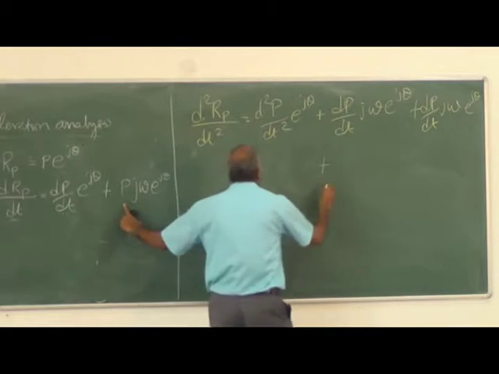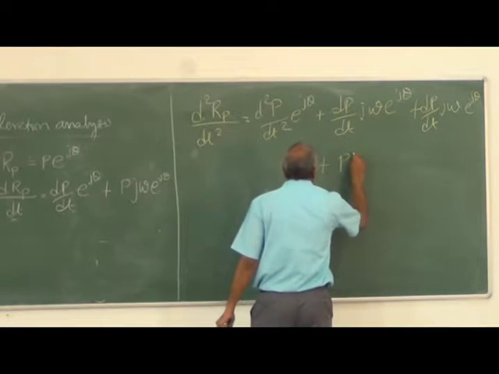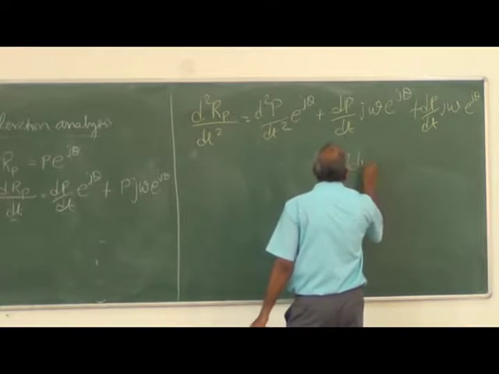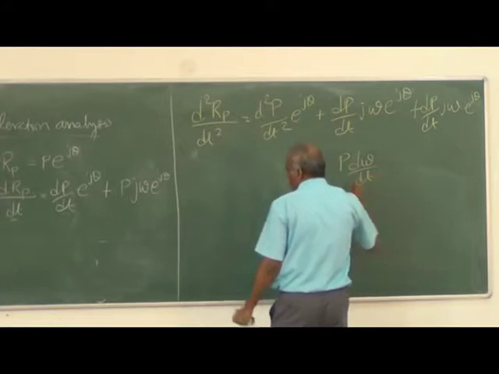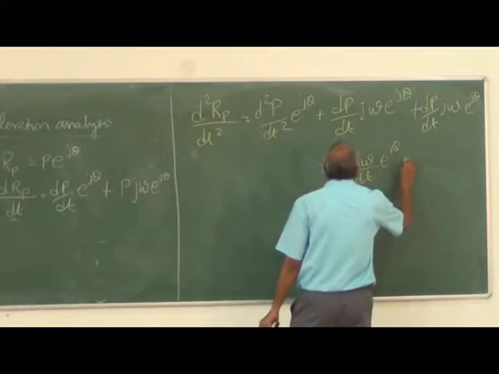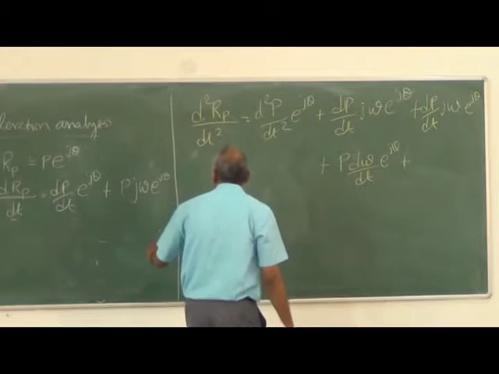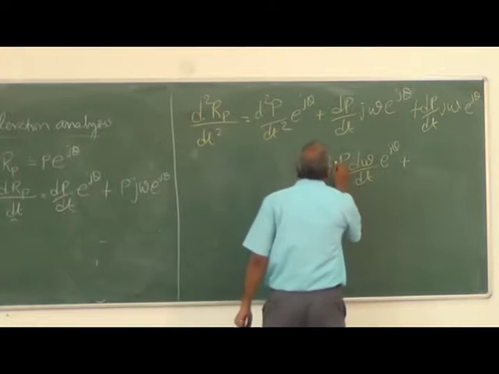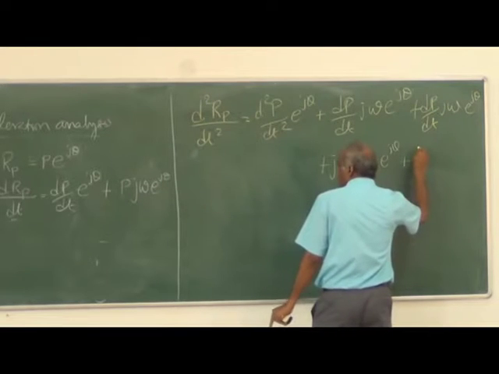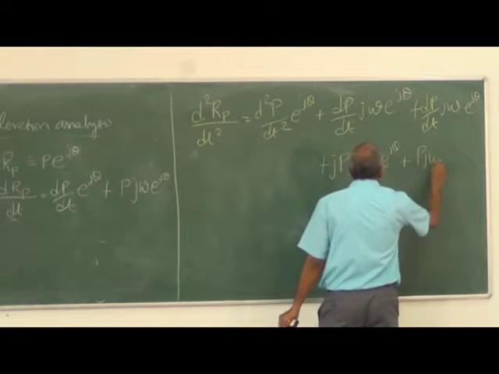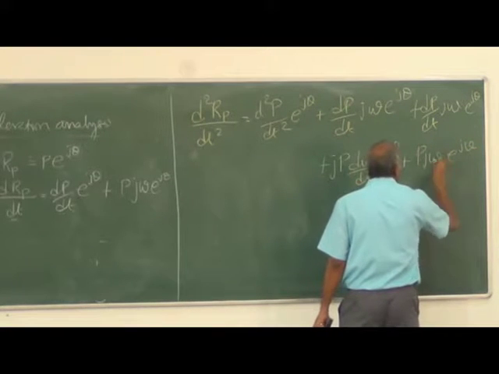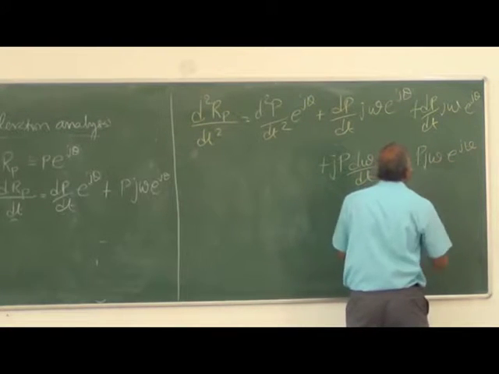you have p times d omega by dt e power j theta, plus, okay, j is there, so p j omega e power j theta into j omega.